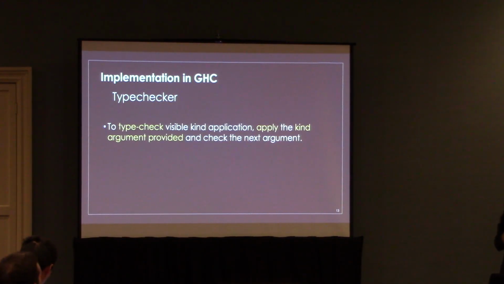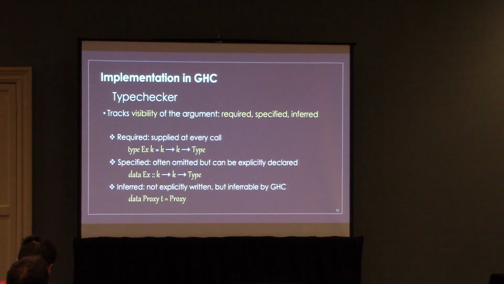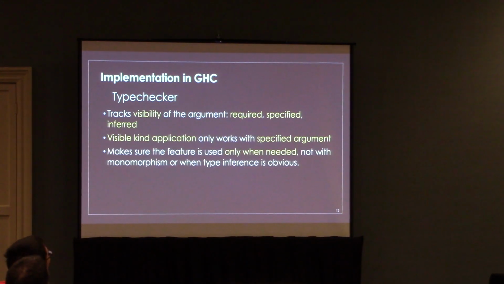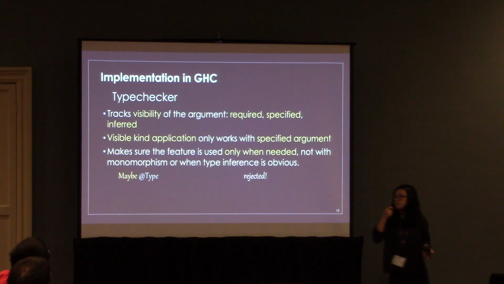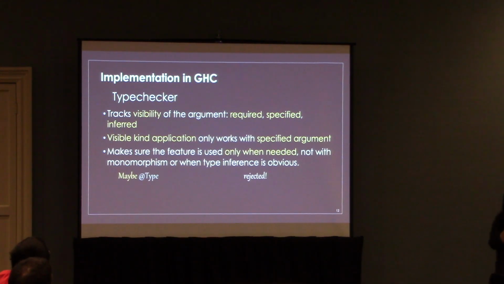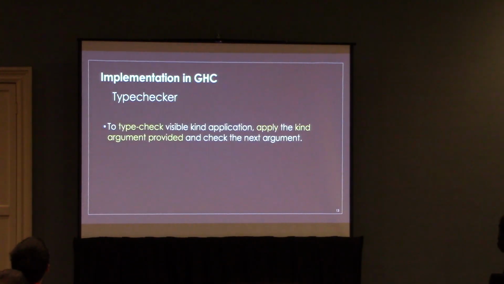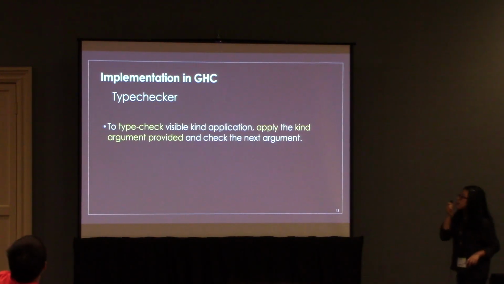Sorry, I'm messing up. Okay, so it makes sure that the feature is only used when it's needed. So if you have something like Maybe @Type, it will be rejected because the kind signature of Maybe is Type to Type, so it's already figured out by GHC. It's monokinded.